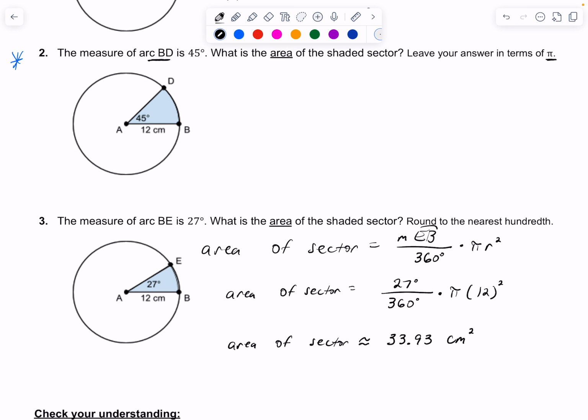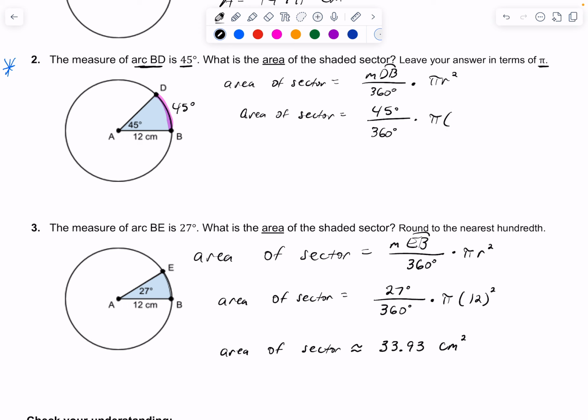So the area of the sector is equal to the measure of that arc DB over 360 degrees, so the ratio, times pi times the radius squared, so times the area. So the area of the sector equals 45 degrees over 360 degrees times pi times that 12 squared.